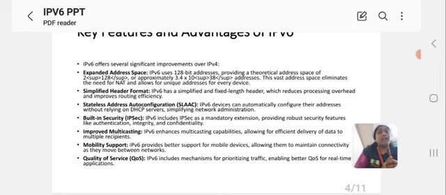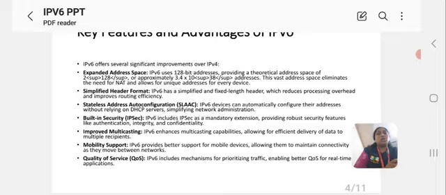The simplified header format is a fixed-length header, which reduces processing overhead and improves routing efficiency. Also, IP version 6 devices can automatically configure their addresses without relying on DHCP services, simplifying network administration.